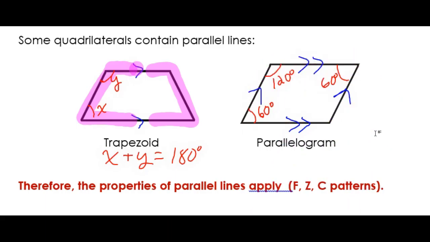And looking at my backwards C, I know that my 60 degrees up here and this angle below have to add up to 180 degrees. So that tells me that the final bottom right angle is 120 degrees. All right. So, well, what do you see? You should see that the opposite angles in this parallelogram are equal to each other.